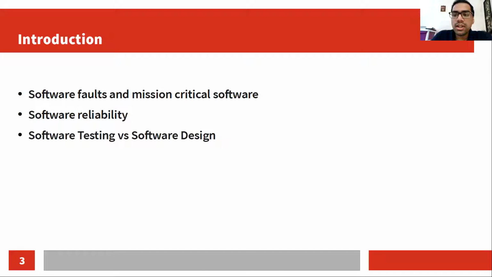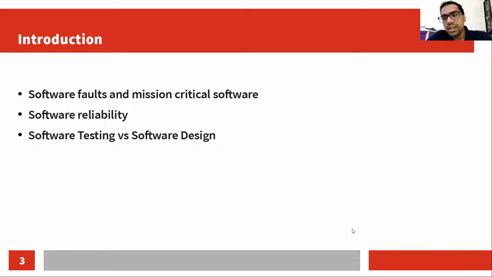The problem that we software developers need to tackle is where to put this software reliability, where to induce software fault tolerance. One way is to do it in software testing. When you're testing the software, you can test whether exceptions are being raised, how the errors are being handled. And the second option is to do it in software design.